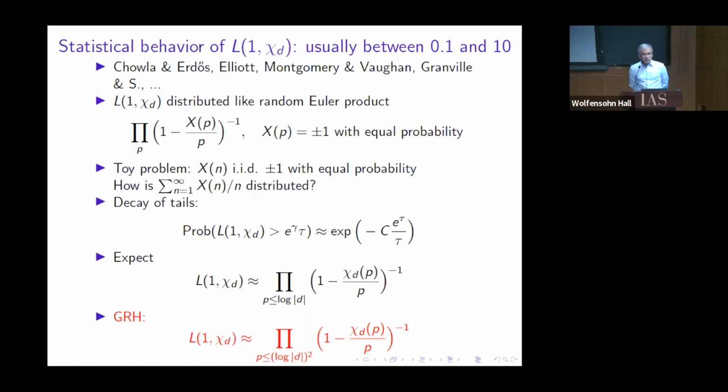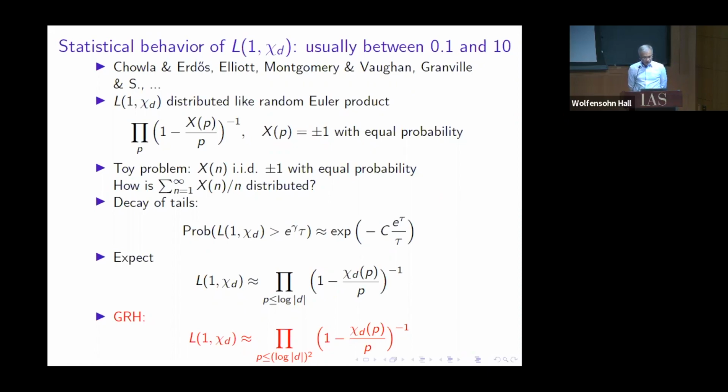And the values chi(p) take values plus or minus 1. And you can roughly think that it takes values plus or minus 1 with equal probability. This is not strictly speaking correct, because I should also allow for the possibility that sometimes the discriminant might have a prime factor p, in which case I should adjust it by making it 0 there. But let's just pretend it's plus or minus 1 with equal probability.